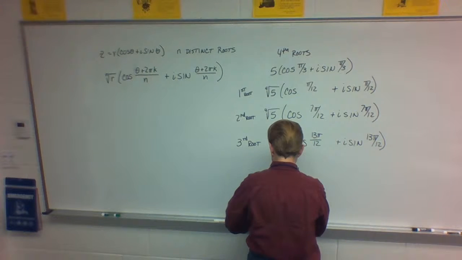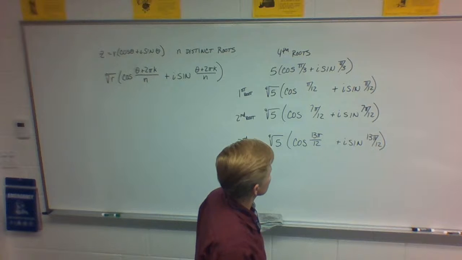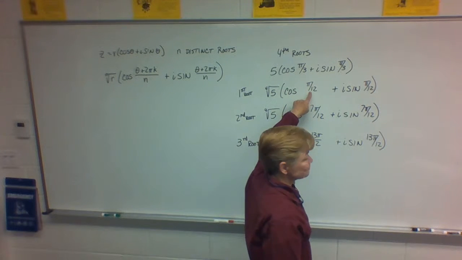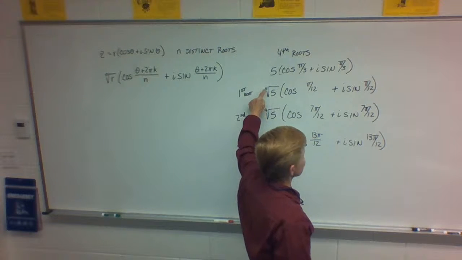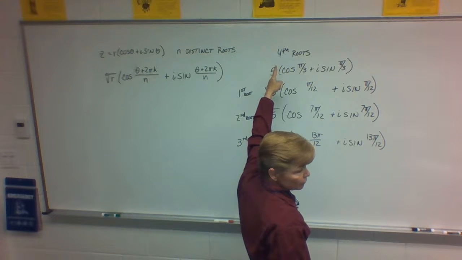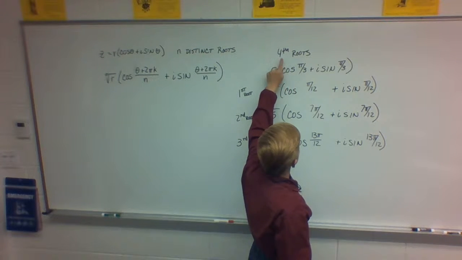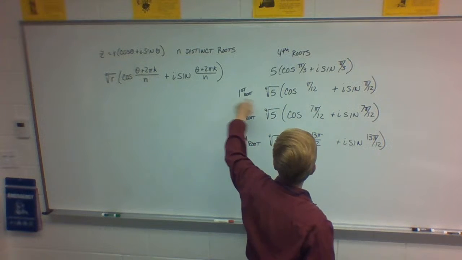I want you to notice something here because you may find this able to expedite your work. First of all, this will be the first angle divided by 4 every time. Well, divided by whatever this index is. 4 right there. That's the operative thing. This will be whatever angle you're working with divided by however many roots you're trying to find. That'll be the first one. The second one you should probably find using the recipe.